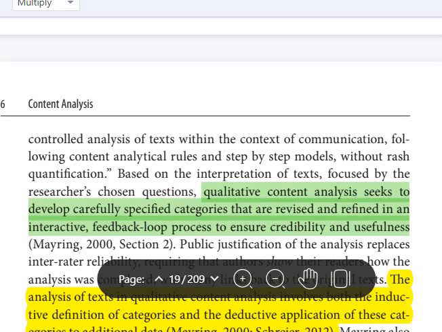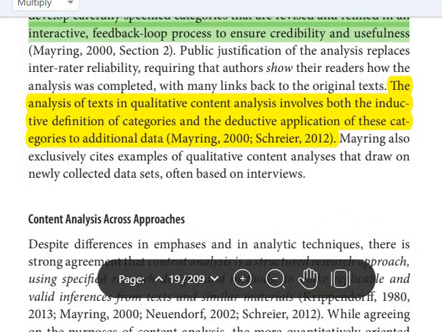to develop carefully specified categories that are revised and refined in an interactive feedback loop process to ensure credibility and usefulness. This is so important here that we use our own code lists, okay?